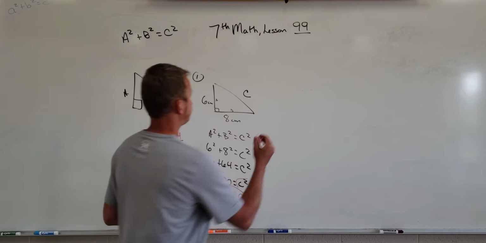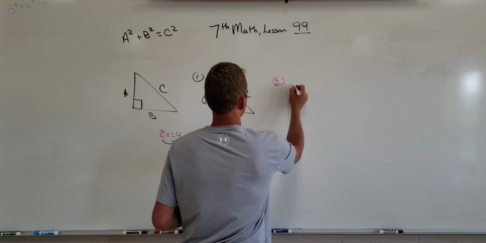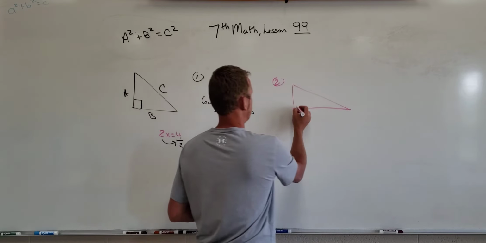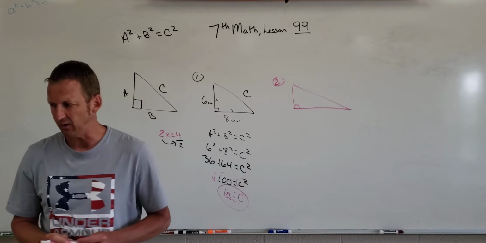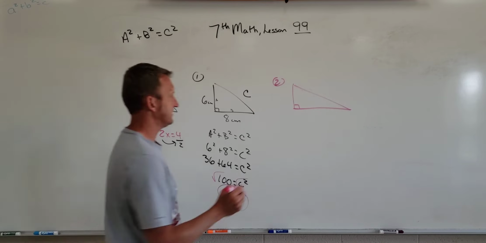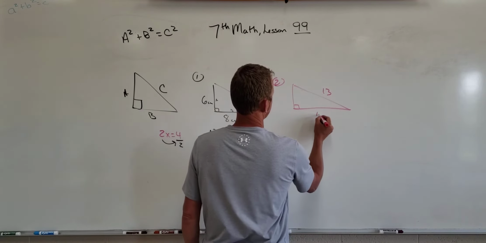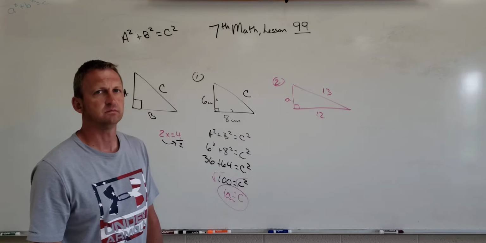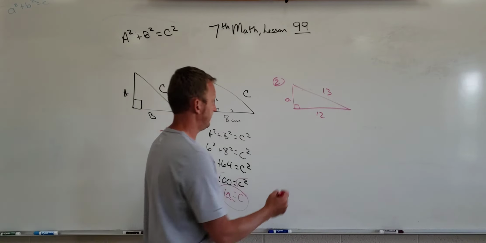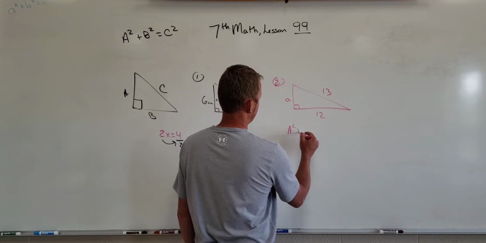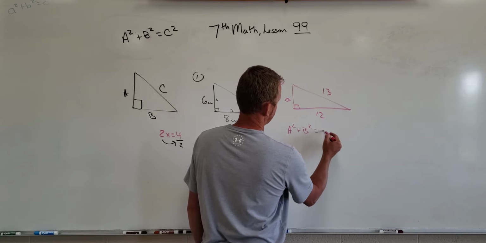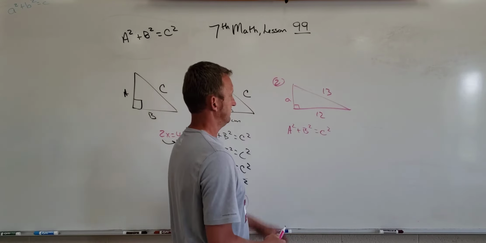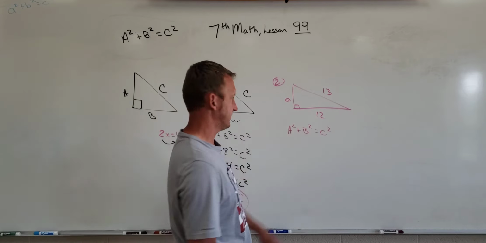So that is finding the missing side with the Pythagorean theorem. Example 2. We are looking at the same thing, Pythagorean theorem. However, in this one, we are missing A. So this time, we're going to try to find A. Again, same concept, A squared plus B squared equals C squared. In this case, B is going to be 12.